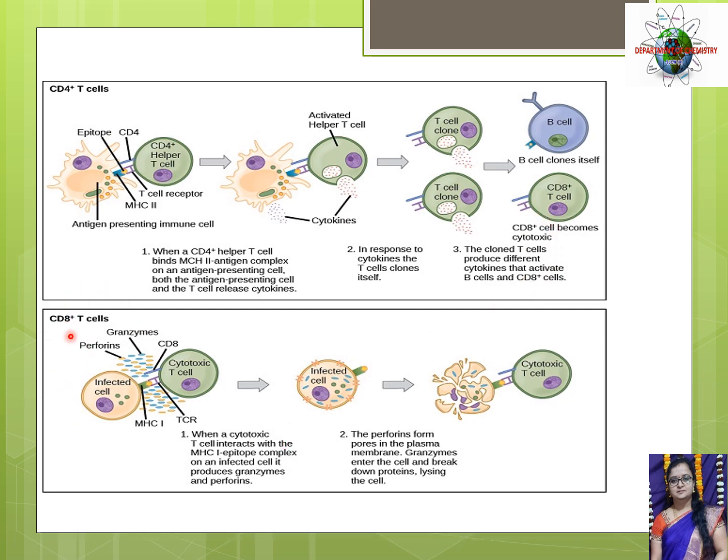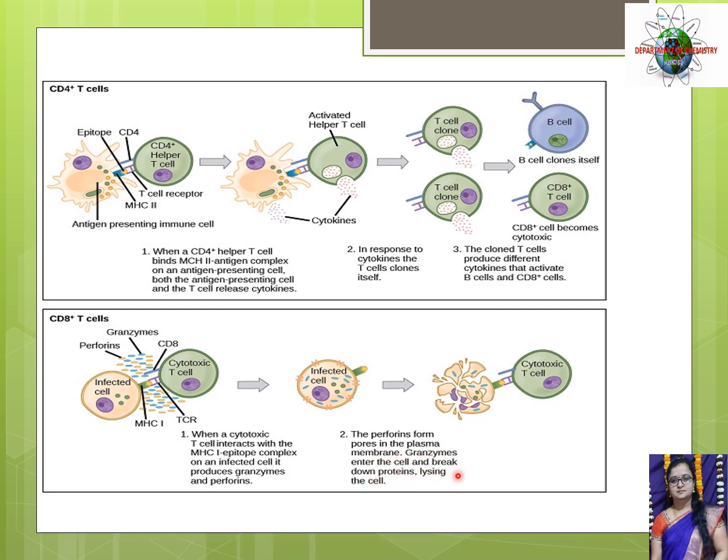Next, coming to CD8 T cells, when a cytotoxic T cell interacts with the MHC1 epitope complex on an infected cell, it produces granzymes and perforins. The perforins form pores in the plasma membrane.